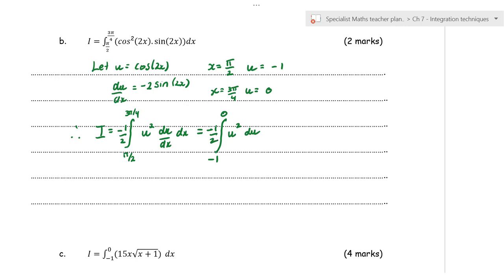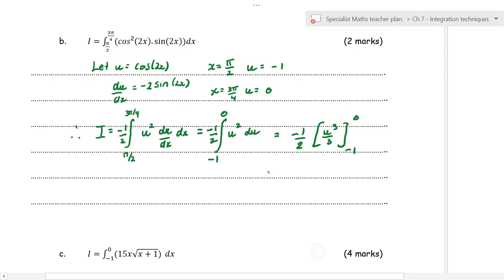Okay, so now all we have to do is I can put my -1/2 at the front, and that's u cubed on 3 between 0 and -1, and that's going to be -1/2 times 0. Now, be careful with your negatives, please. We're subtracting -1 cubed over 3. You're going to have some problems with negatives here.